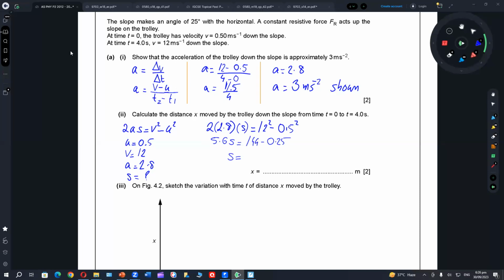So the answer is 25.7. Is this the final answer? It's 25.66, so the final answer is 25.7, which is going to be 26.